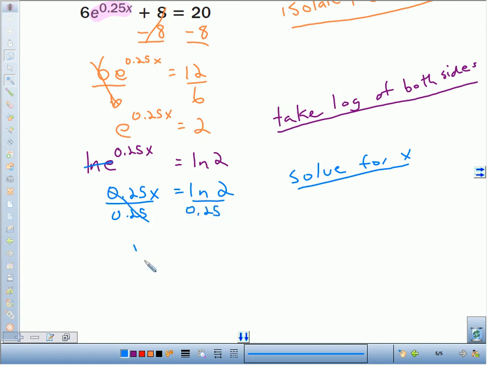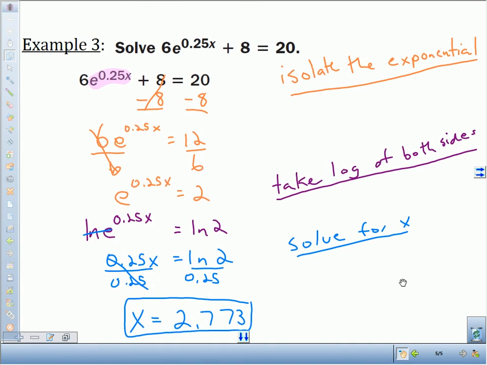And even though it may not look like it, we can type this directly into our calculator. Natural log of 2 divided by 0.25 is about 2.773. So that would be our solution.